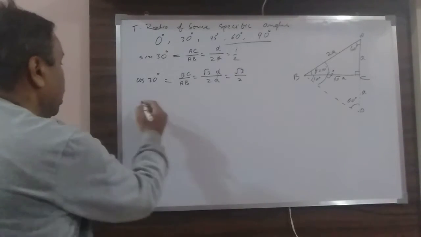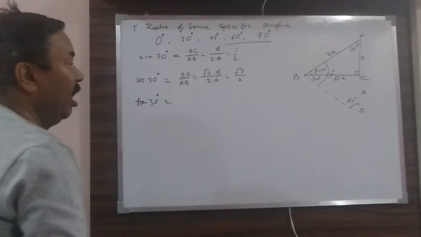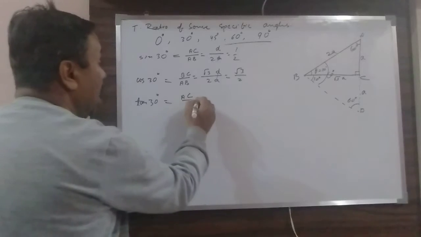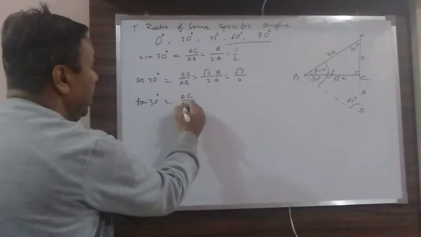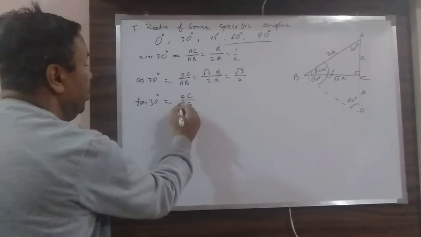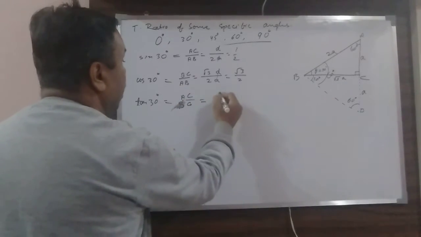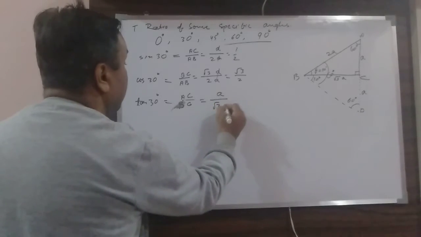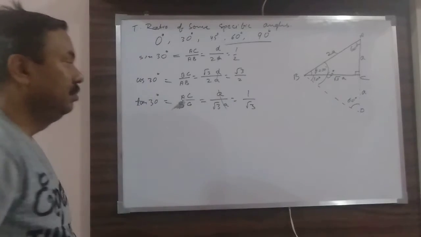Then tan 30 degree, this will be AC, opposite side, by adjacent side, BC. And what is AC? A, and what is BC? That is root 3A. So A got cancelled, so it is 1 by root 3.